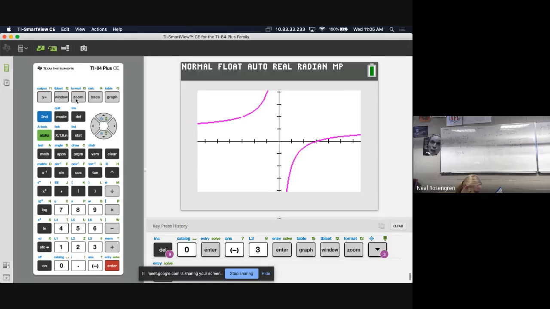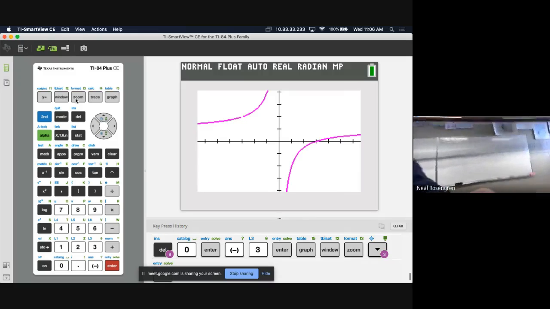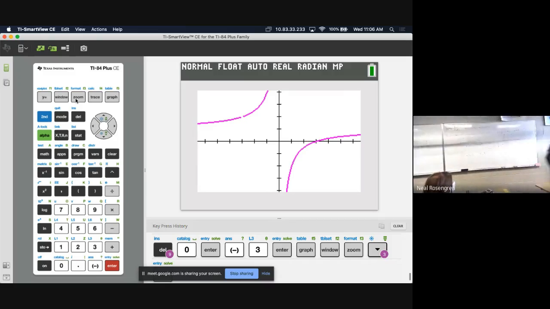Your vertical asymptotes are going to exist when you've just got some number over 0, as long as that number up top isn't also 0. Really, when we talk about x being equal to zeros, it's zeros from the denominator only.